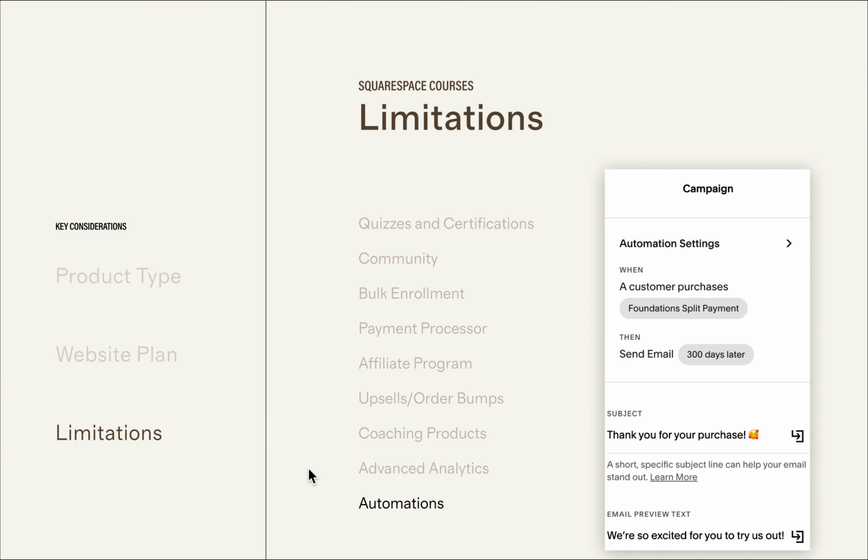But of course, we're not expecting all course creators to use Squarespace email campaigns. It's also quite limited at the moment, but this is an option that we have. Another option is to use ConvertKit because it has a direct integration as well to Squarespace's orders. And there are other workarounds which I can tackle in another video.